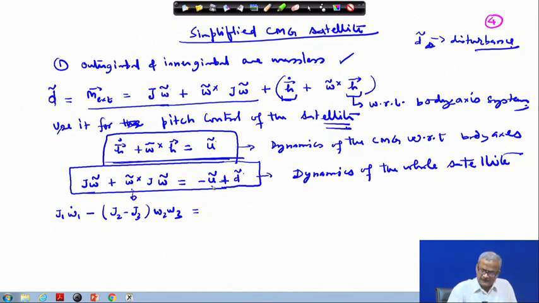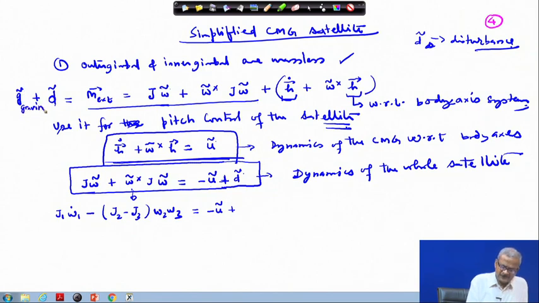On the right hand side we will have minus u tilde, and besides this, in the external torque we will take into account the gravity gradient torque. So here let us make one more addition, g tilde, which we have written as the gravity gradient torque. For this reason we will add one more g tilde here.